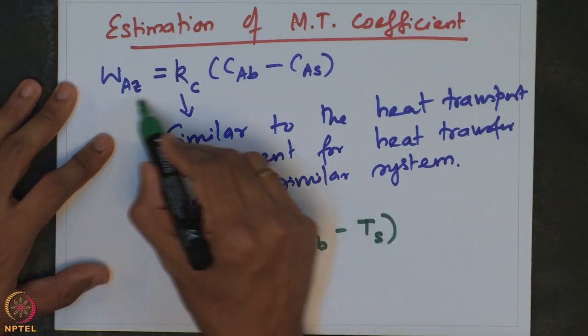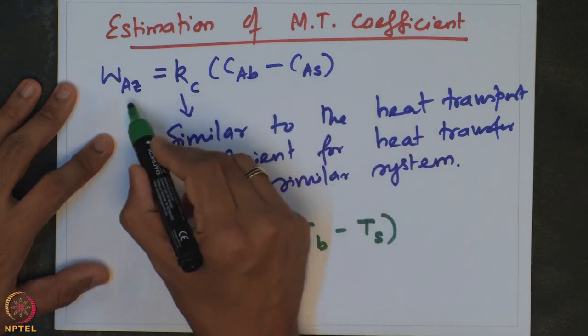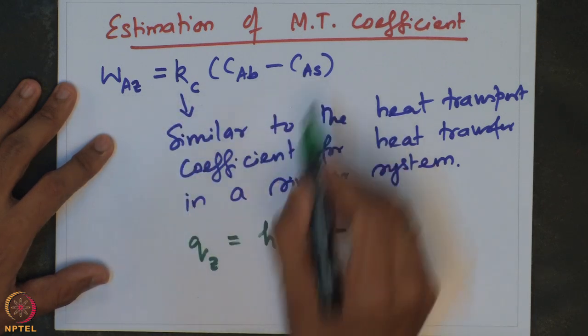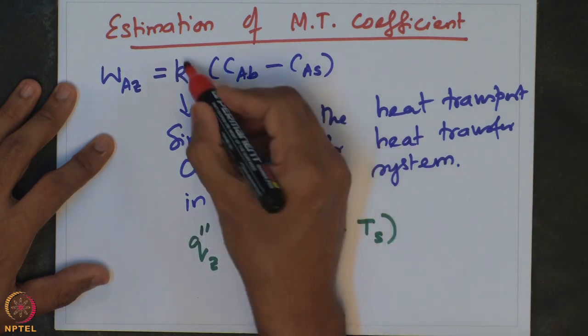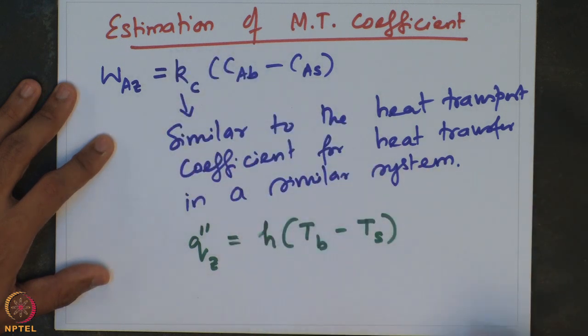If I compare the mass flux relationship with the concentration gradient and the heat flux with the temperature gradient, I can see that the mass transport coefficient is very similar to the heat transport coefficient, where the heat transfer is occurring across the same boundary layer through which the mass transport is occurring.